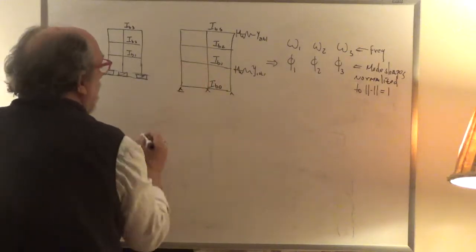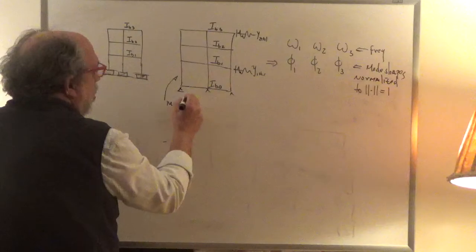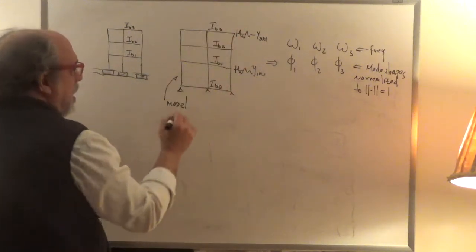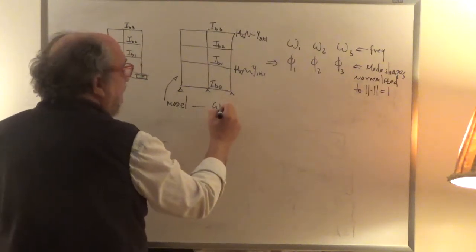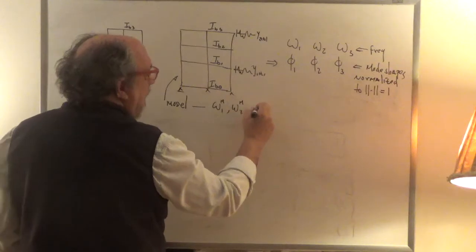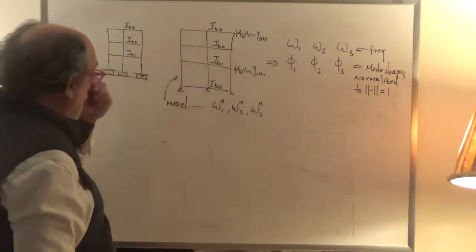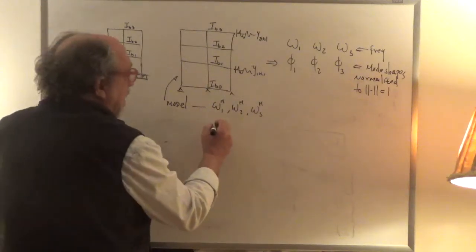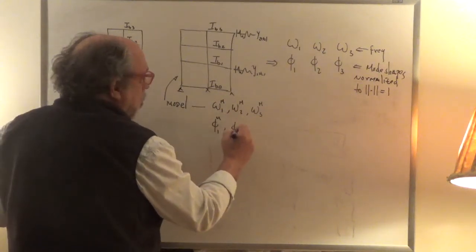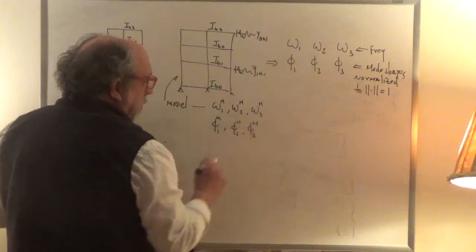So, we have this model, right? Now, given any parameter values for IB0, IB1, IB2, IB3, the model will predict an omega 1 model, an omega 2 model, and an omega 3 model, right? 4 values of these parameters. The model will also predict phi1 in the model, phi2 in the model, and phi3 in the model, right?